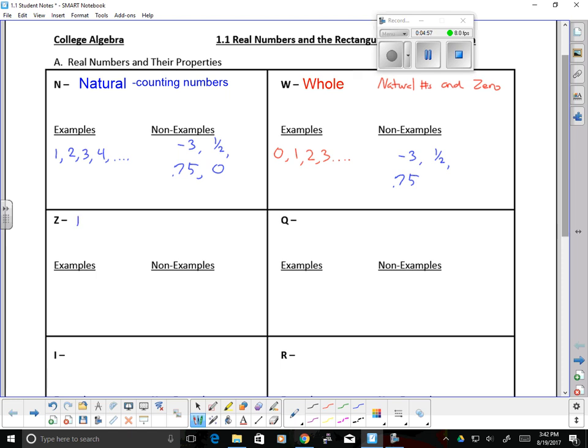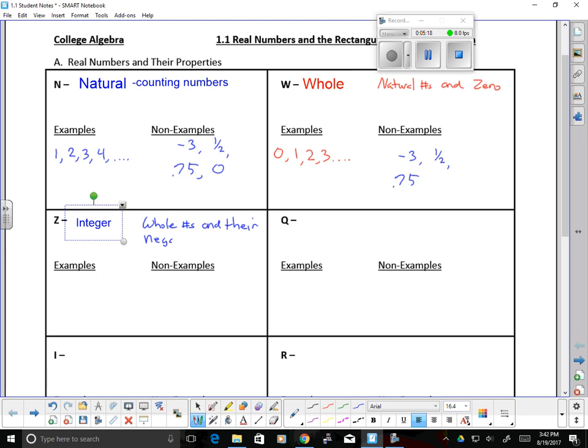We have debts, and a debt is represented by a negative number. Not only do I not have any, but I actually owe some of those to someone else. So these are the integers, and these are the whole numbers and their negatives.